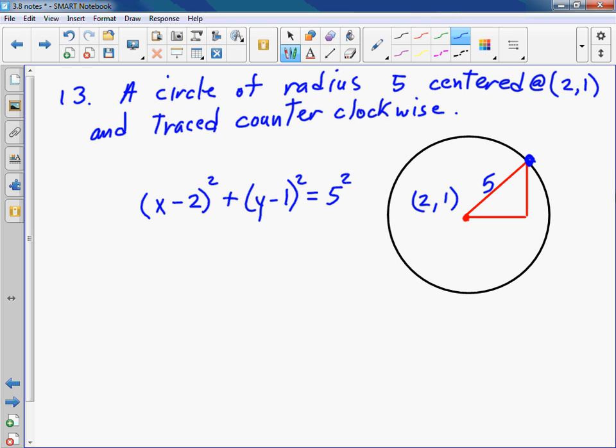That's my favorite form, because the distance along this first leg is x minus 2 and the distance here is y minus 1.